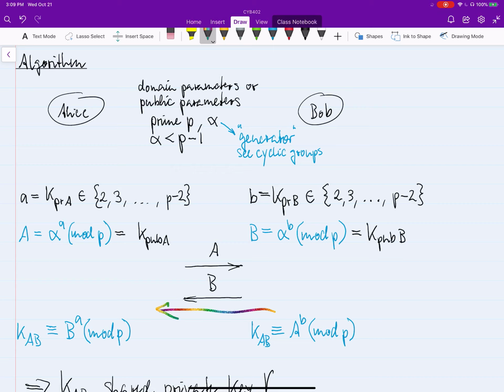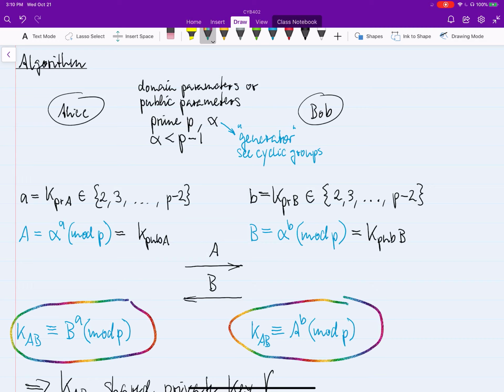So obviously, Bob has Alice's public key A, and Alice has Bob's public key, capital letter B. What they do now is the same thing they did before, just with the public keys. Alice computes capital letter B to the power a modulo p, while Bob computes capital letter A to the power of b modulo p.